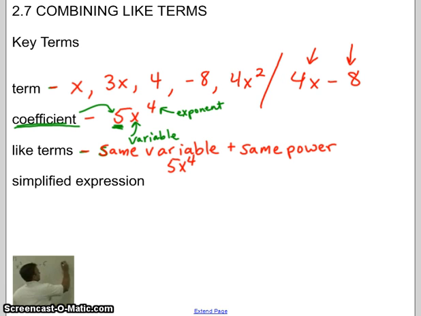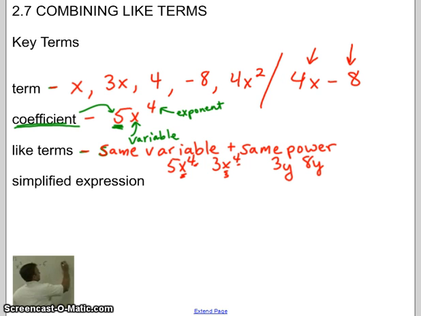A like term for 5x to the fourth would be 3x to the fourth, because they have the same variable and same power. Also 3y and 8y are like terms. But 3y and 5x to the fourth are not, because they don't have the same variable or power.